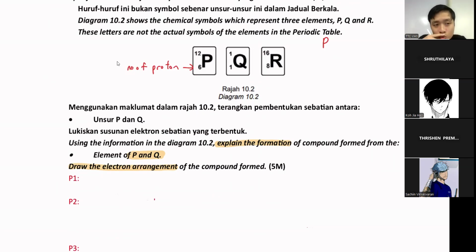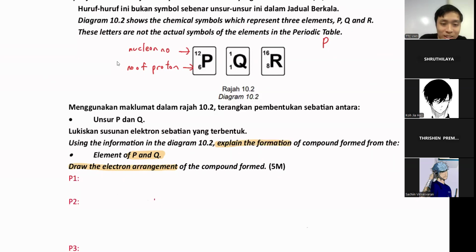In the exam they will also ask you to draw the standard representation, so you have to write a symbol. Let's say P. The top number is called the nucleon number. Nucleon number.